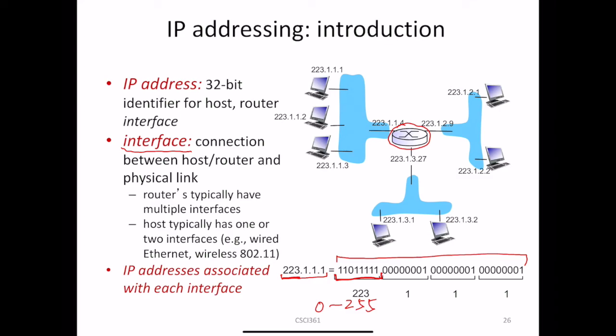However, for mobile devices, for example, the cell phone or the tablet, or even right now most of the laptops, they only have the wireless interface embedded. And each interface will be associated with an IP address. So that means if this router has 3 interfaces, it will be associated with 3 IP addresses.